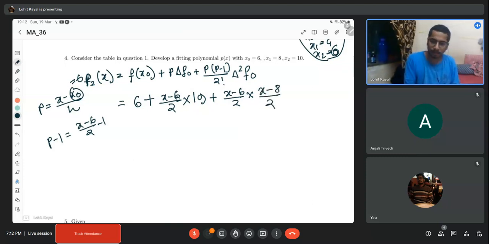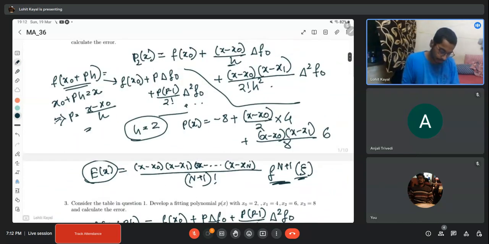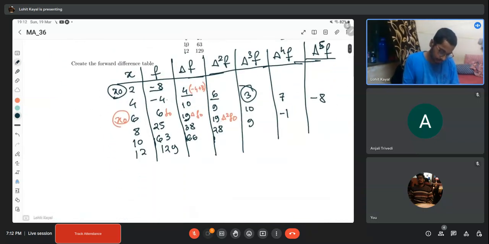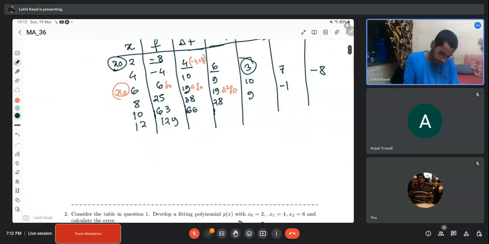And there is 1 by factorial 2, that is 1 by 2. It will be multiplied by delta square of f naught. What is delta square f naught here? Yeah, this should not be 19. Just a moment.